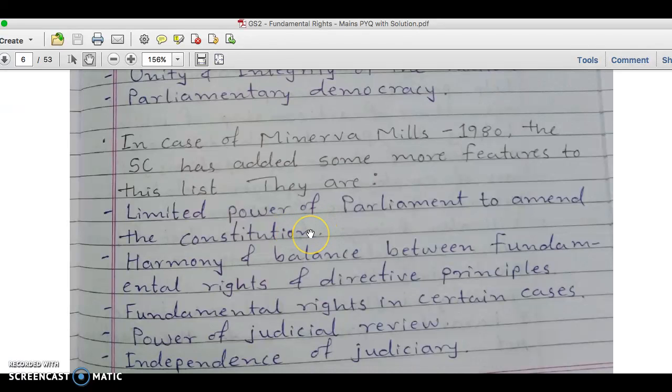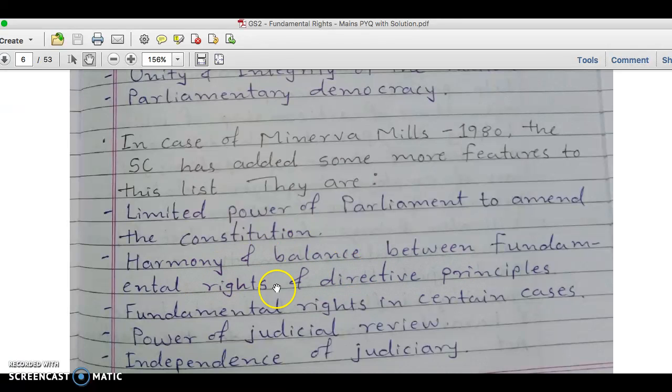You cannot amend the Constitution without a majority. If we want to amend it, we need to present a bill in the Lok Sabha, or lower house, and the upper house. In both houses we should have a majority, a two-thirds or special majority.